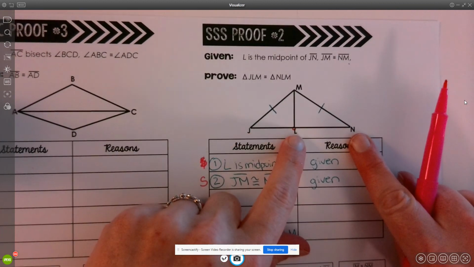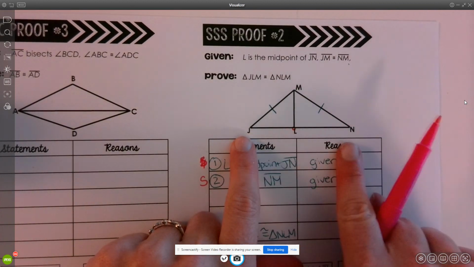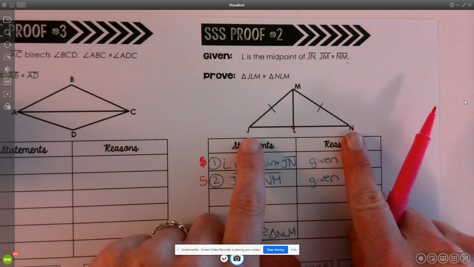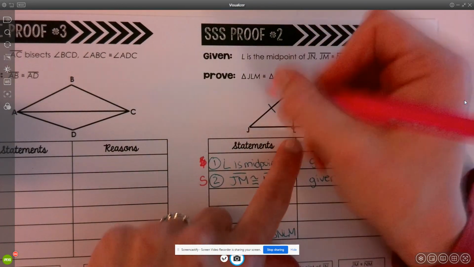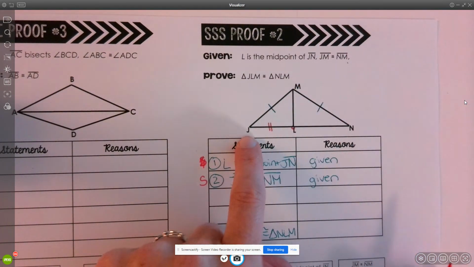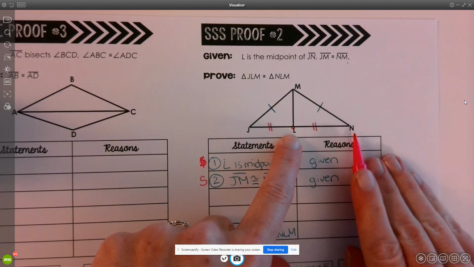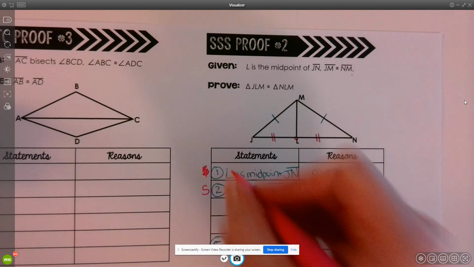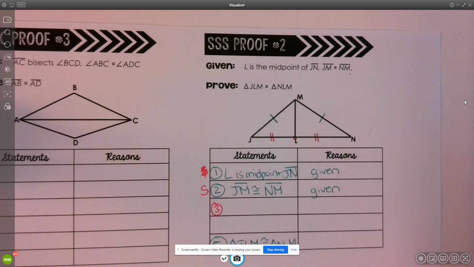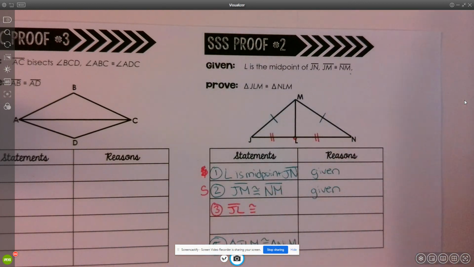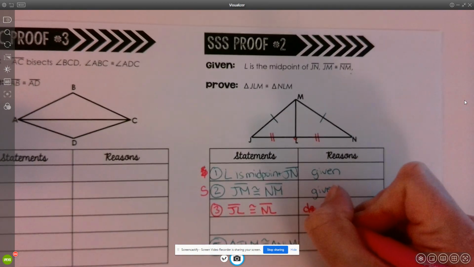So if L is a midpoint, I know by the picture it doesn't quite look like a midpoint, but we don't go based on how the picture looks, we go based on the information given to us. L is a midpoint, therefore line segment JL has to be the same length or congruent to line segment NL. I'm going to add that as a statement. Line segment JL must be congruent to line segment NL by the definition of a midpoint.